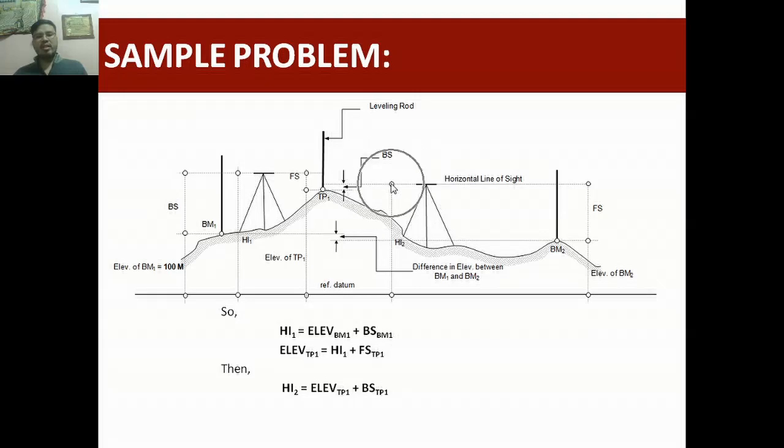Then the elevation of benchmark 2 is the vertical distance from the reference datum to benchmark 2. So the elevation of benchmark 2 is HI2 minus the foresight on benchmark 2, and that gives us the elevation of benchmark 2.